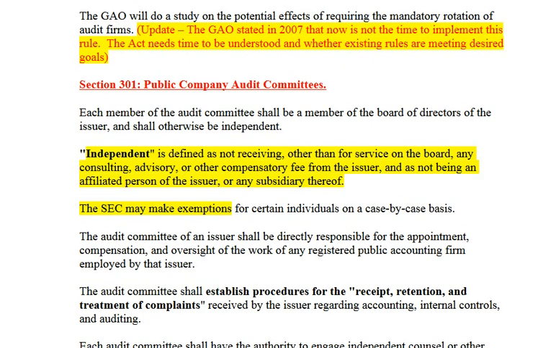The GAO will do a study on the potential effect of requiring the mandatory rotation of audit firm, which updated the study in 2007 stating that now is not the time to implement this rule. The Act needs time to be understood and to see whether existing rules are meeting the desired goal.